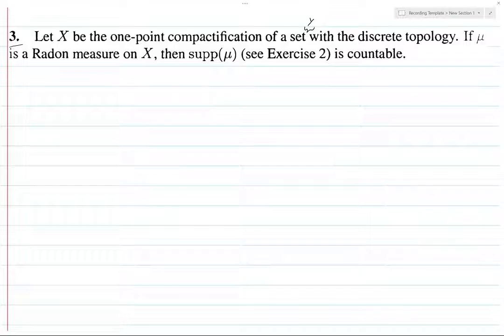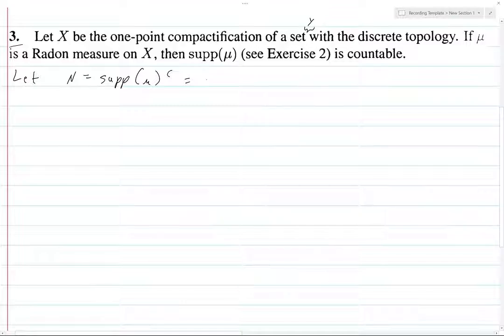So, now that I've rambled sufficiently, though not necessarily necessary, let's actually do some stuff. So let N be the complement of the support, which is from exercise 2. This is a union of all U such that U is open and the measure of U equals 0.